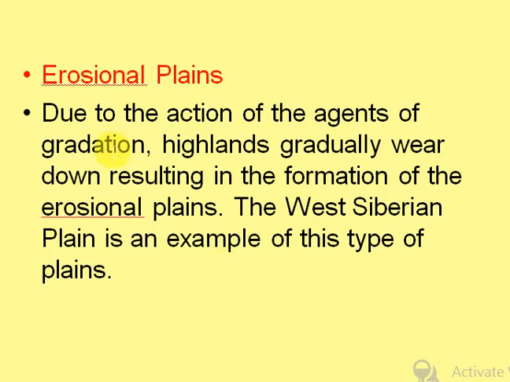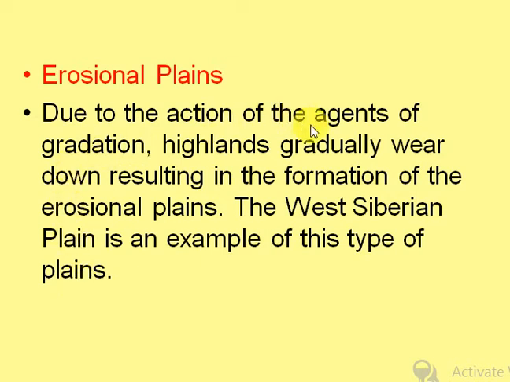Now we'll discuss the erosional plains. Due to the action of the agents of gradation, highlands gradually wear down, resulting in the formation of erosional plains. The West Siberian plain is an example of this type of plains.